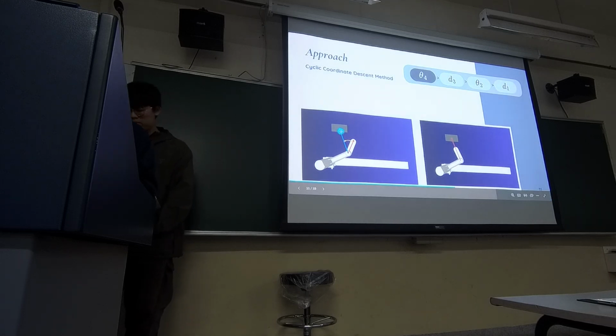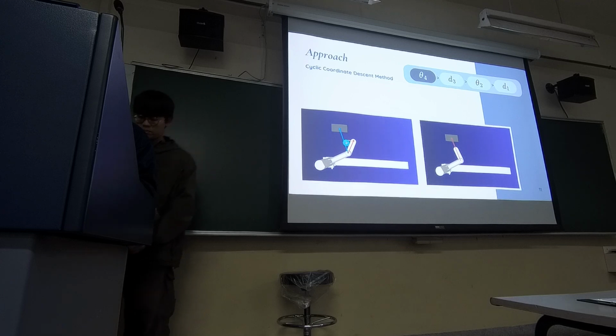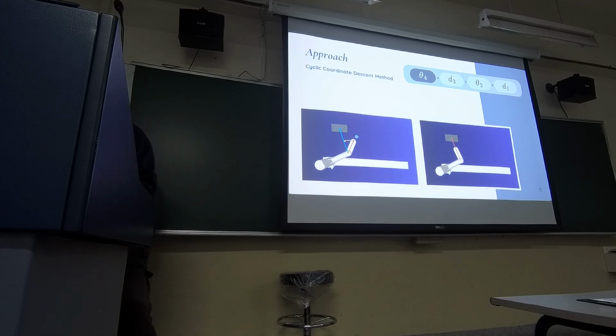The red vector is the direction from joint 4 to the end effector, while the blue vector represents the direction from joint 4 to the target. We need to rotate theta 4 until the red vector overlaps with the blue vector.